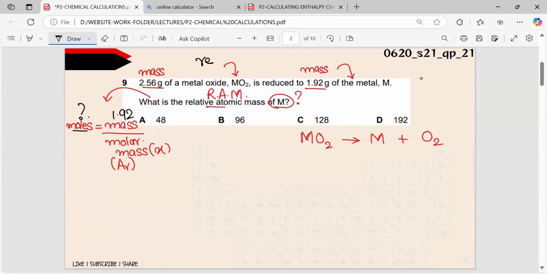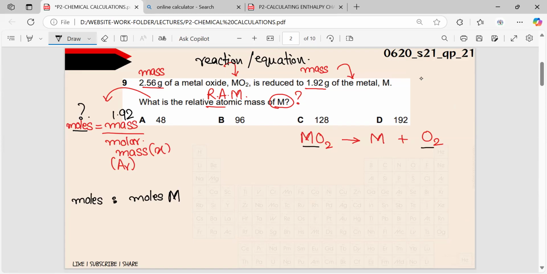Whenever a chemical equation is given to you, then we can find a substance by taking the ratio with another substance. If we need to find the moles of M, we can take the ratio with the moles of any other substance. So here the other two substances are MO2 and oxygen.